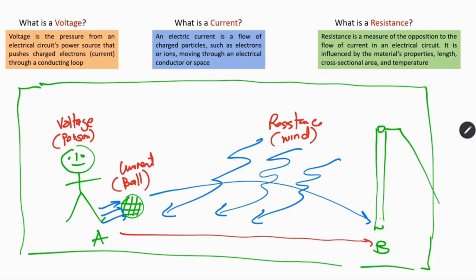But in between, there are circumstances such as the resistance. The higher the resistance, the more time and force it will take to pass the ball from point A to point B. I believe with this small scenario, you can fully understand what is a voltage, what is a current, and what is a resistance.